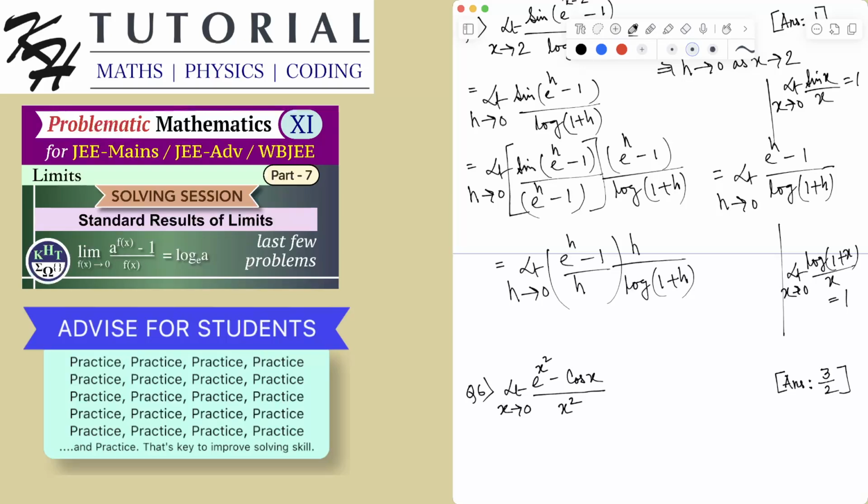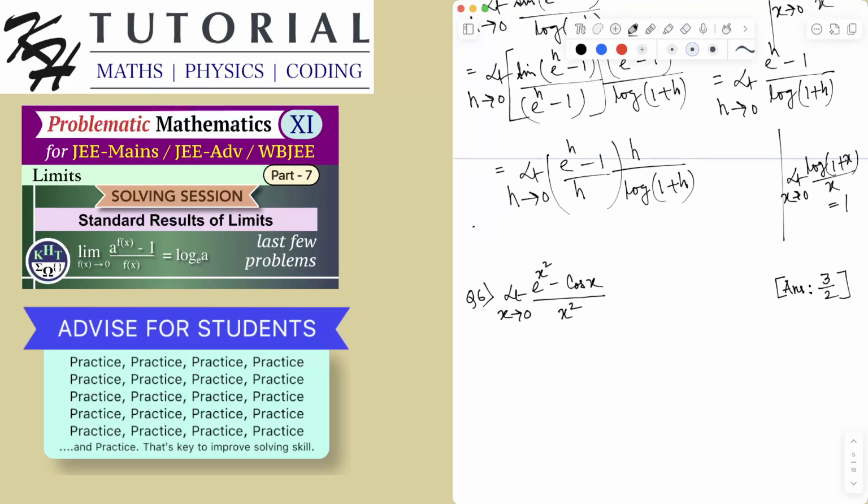So adding extra factors, extra terms, so that you can create a standard result and then adjusting it, this is a very powerful tool or strategy you must always try to apply in solving a limiting problem.